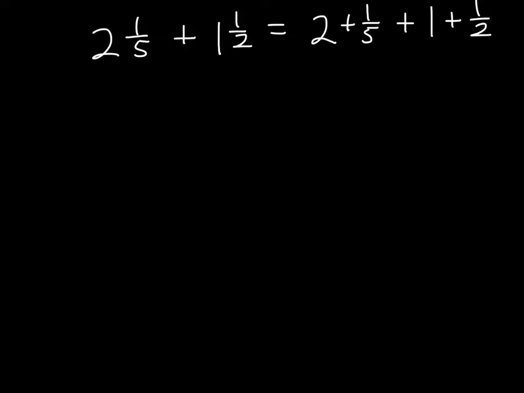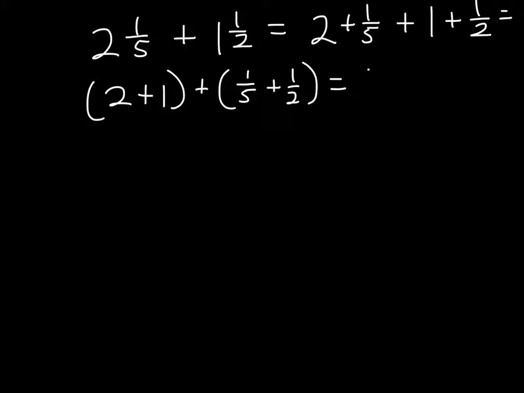And then the associative property says I can move things around to make it convenient for me. So I'm going to put the whole numbers together, add them together first, 2 plus 1, and then I'll put the fractions together and add those together afterwards, 1/5 plus 1/2.